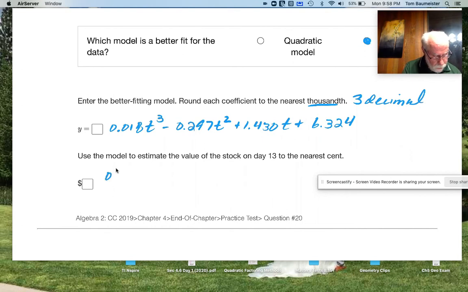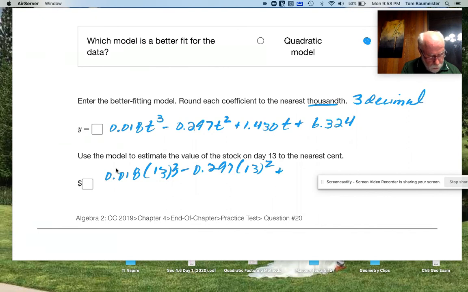So if you plug in 0.018 times 13 cubed minus 0.297 times 13 squared plus 1.430 times t, or 13, plus 6.324.